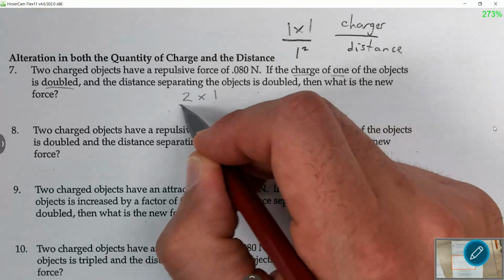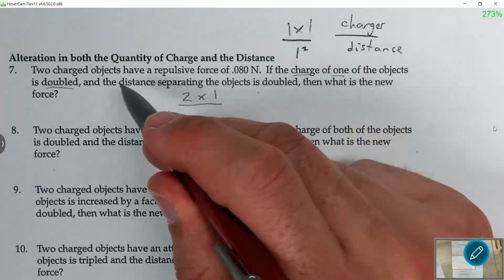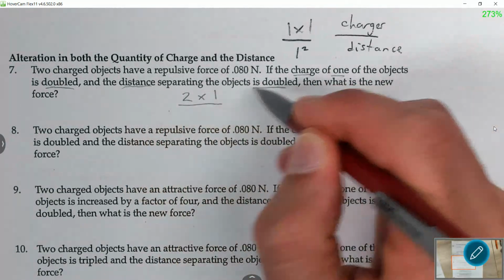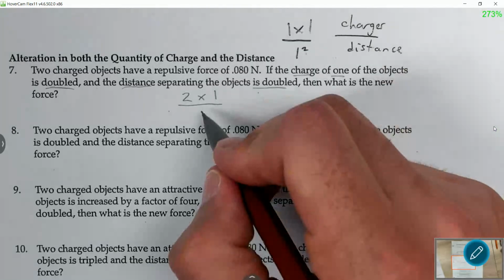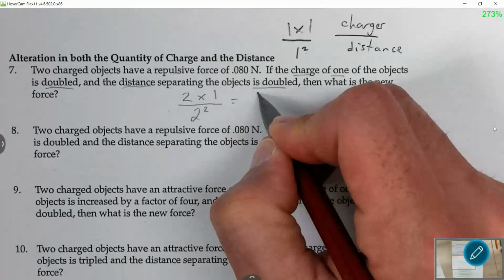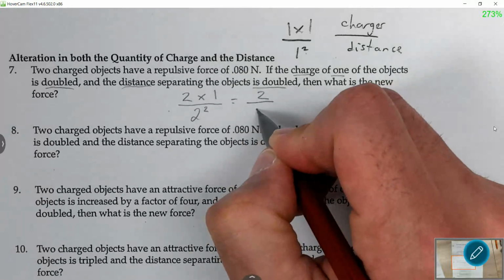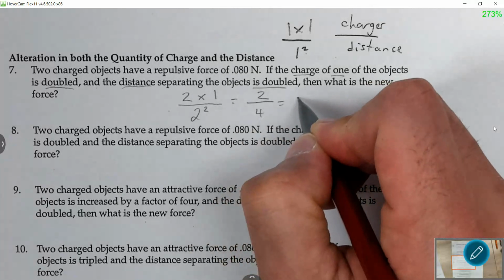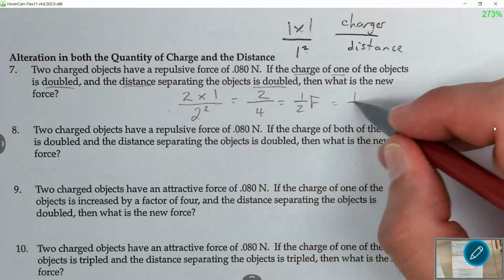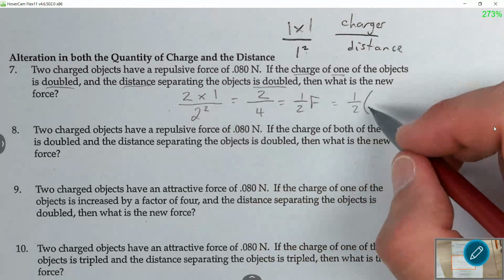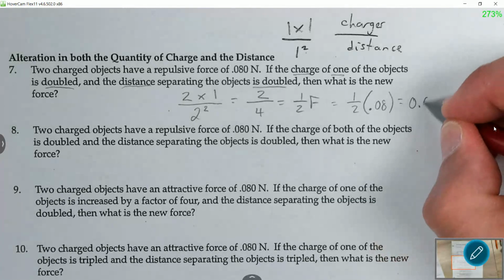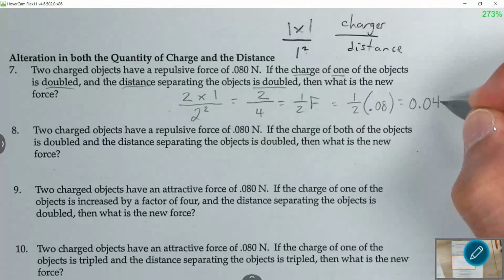Nothing about the second charge. Over, and distance is doubled. So the distance, which is on bottom, I'm going to make that one a 2, but I have to square it. 2 times 1 is 2. 2 squared is 4, which just reduces down to 1/2 of the original force. So half of the original 0.08 comes out to be 0.04 newtons.